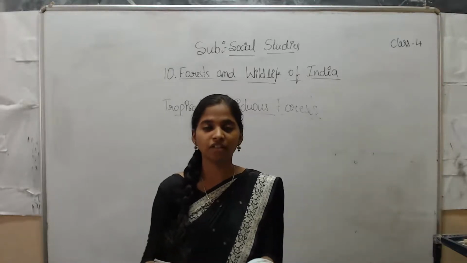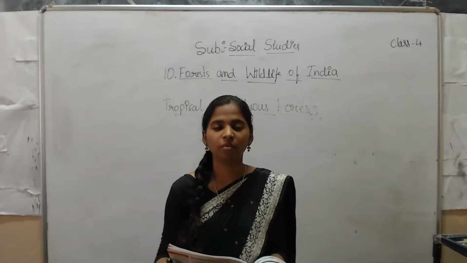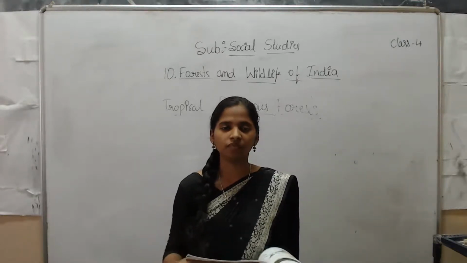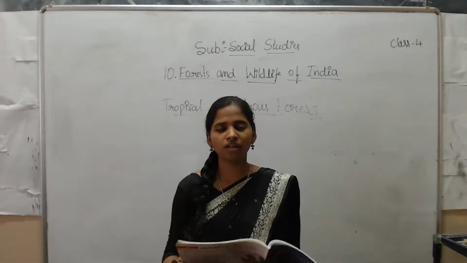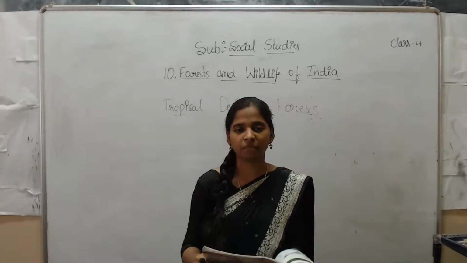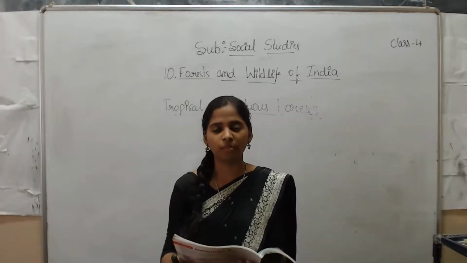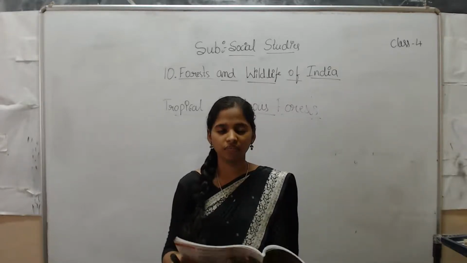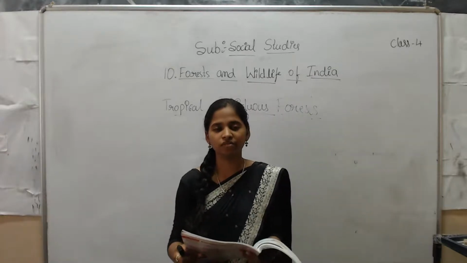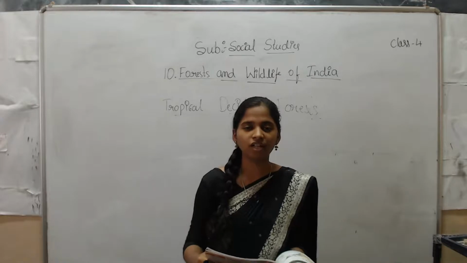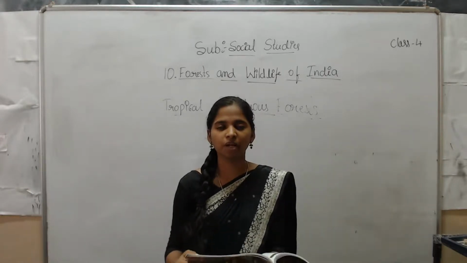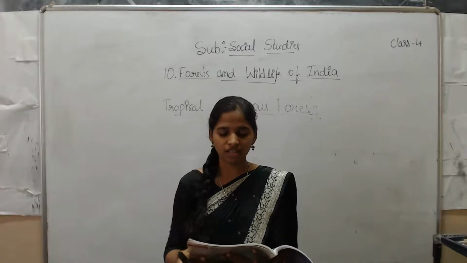Whereas in the evergreen forest, the trees shed their leaves in different seasons and at different times. Here all the trees shed their leaves in only one season, at one time. When you visit the tropical deciduous forest during that season, you can find trees without leaves, because they are shedding, and new leaves will grow after that season.